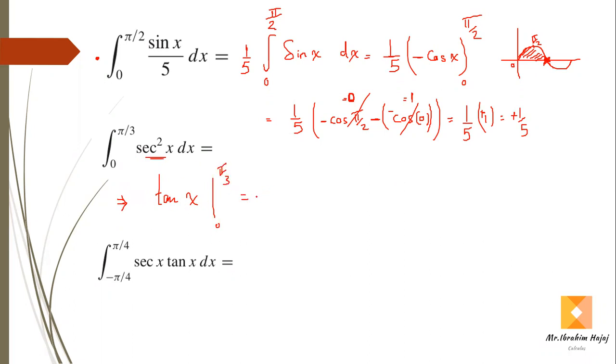So tan of pi over 3 minus tan 0. Tan 60 is radical 3, and tan 0 is 0. So your answer is radical 3.